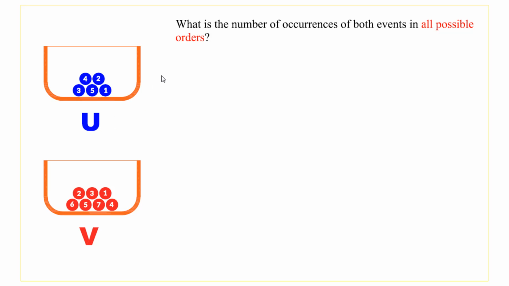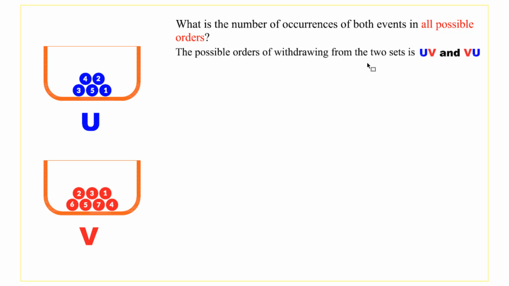So in such a case we have to add the outcomes. So we have UV and VU. So we have 7 times 5 plus 5 times 7 equal to 70, or 7 times 5 times 2 equal to 70. But what is this 2 here? It is the permutation of the sets U and V. So what is that permutation?